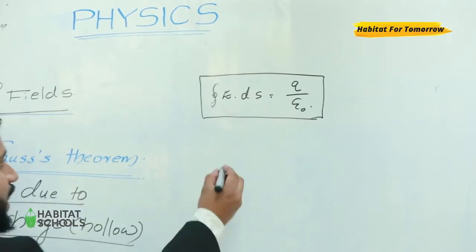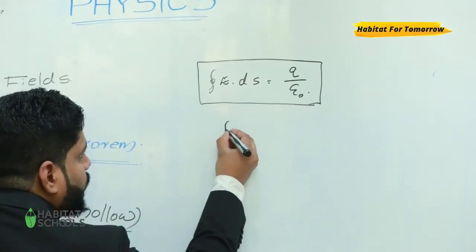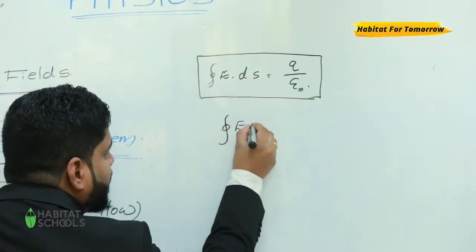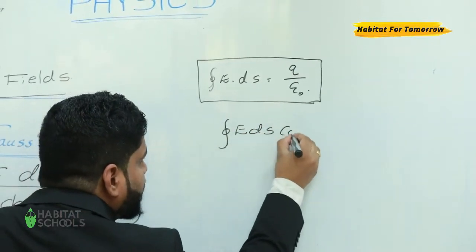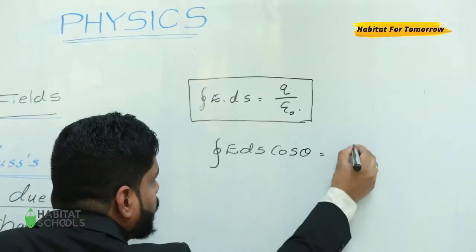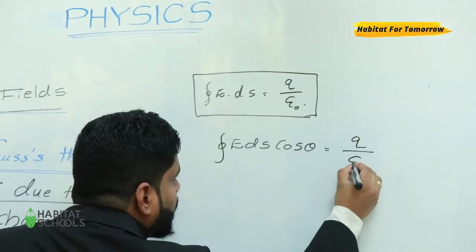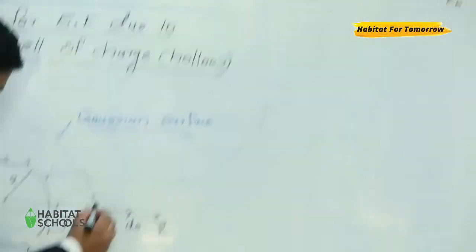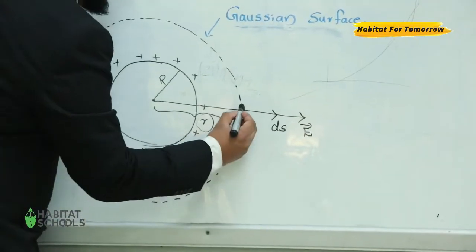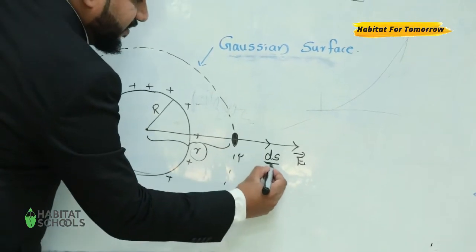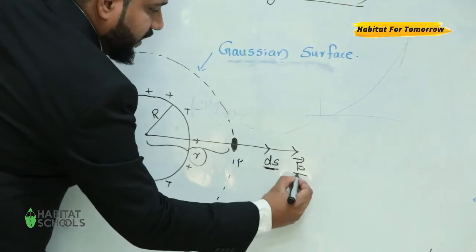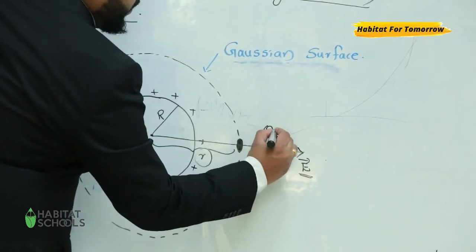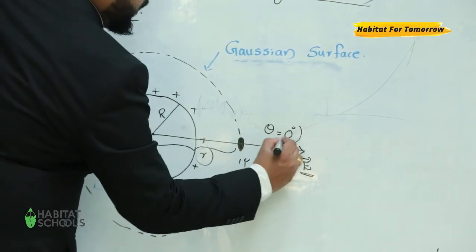So here, according to Gauss's law, closed integral E dot ds. What is E dot ds? That is E ds cos theta is equal to q by epsilon 0. Here, this is one point P. This elementary area is ds and here electric field E is produced. So both are in the same direction, so the angle between E and ds is 0 degree.